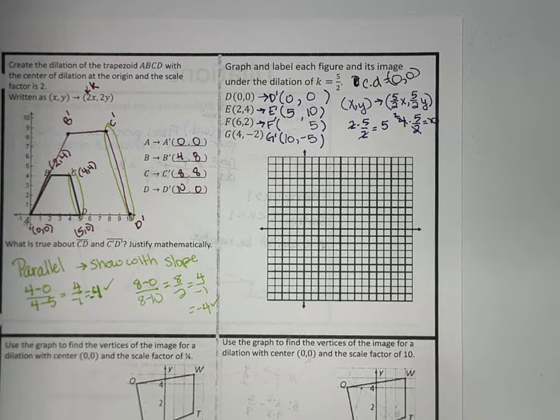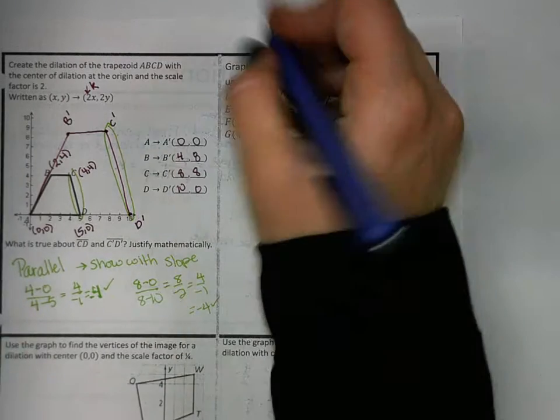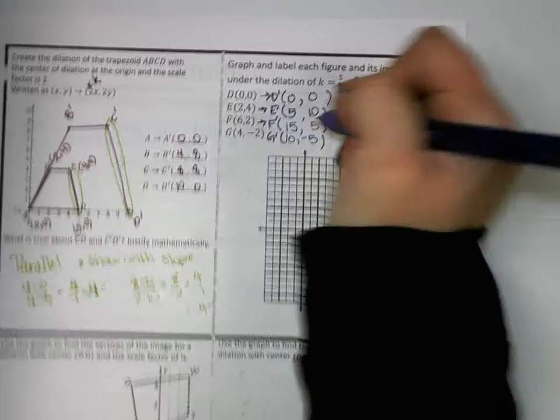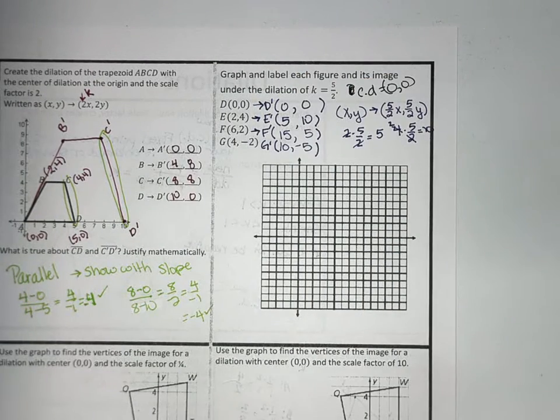What did you get for F? 15.5. Good. So then you'd be able to plot these to get your new figure that's been dilated about 0, 0.